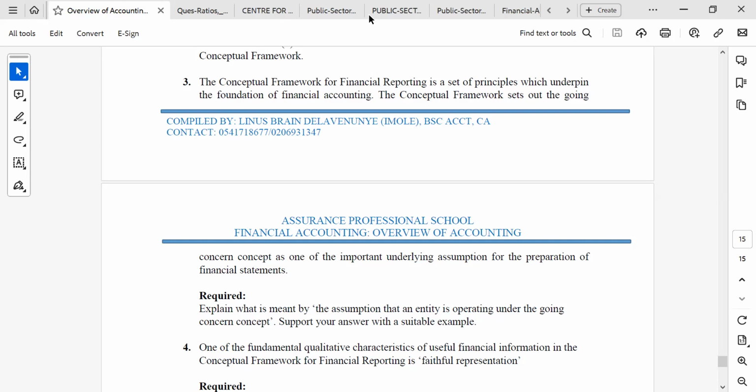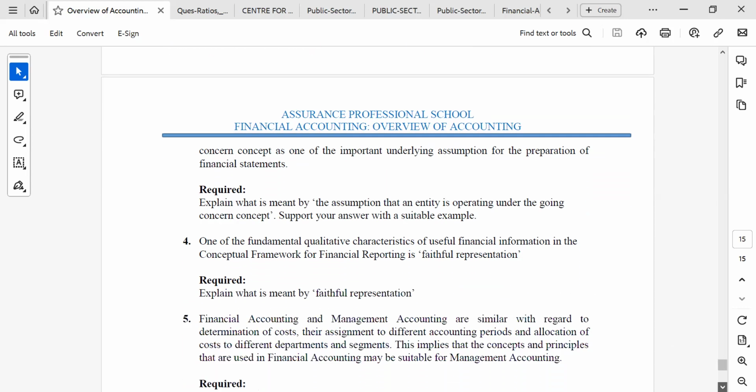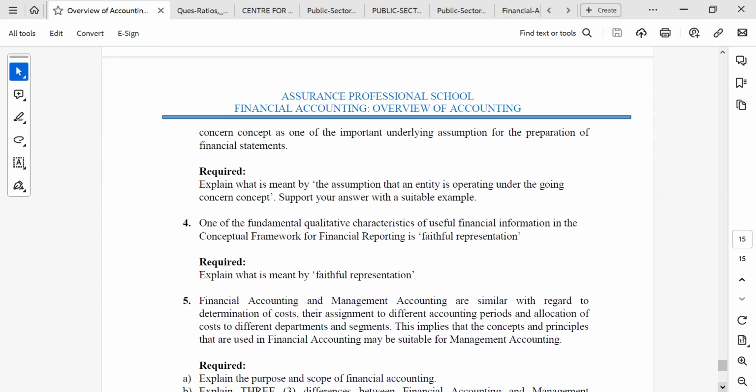But if the entity is not operating under the going concern, it means that the entity will have receivables, but they will now be finding ways to sell the receivables, or they recognize the receivables at their breakup values, meaning that that is the amount that they can realize from the receivables. Okay, so that is what is meant by the companies operating under the breakup values or under going concern.